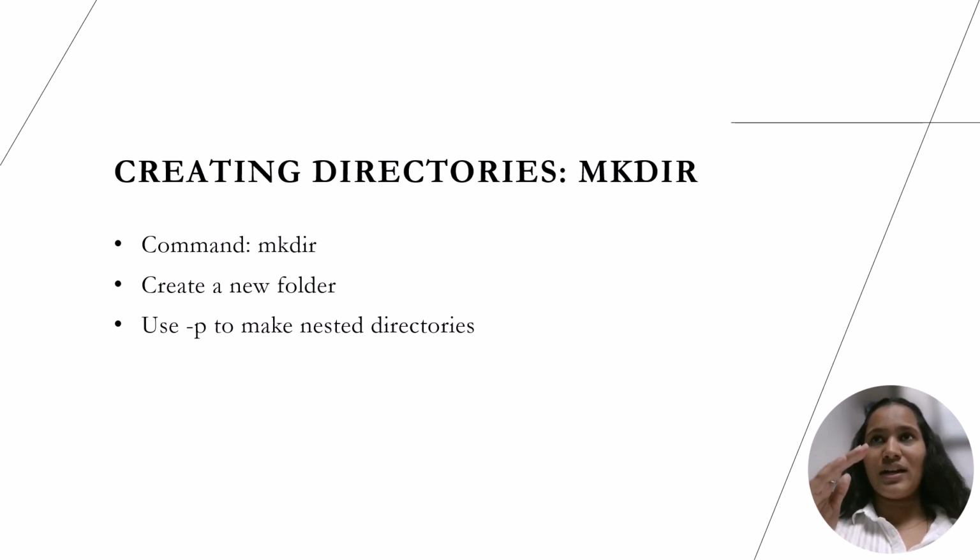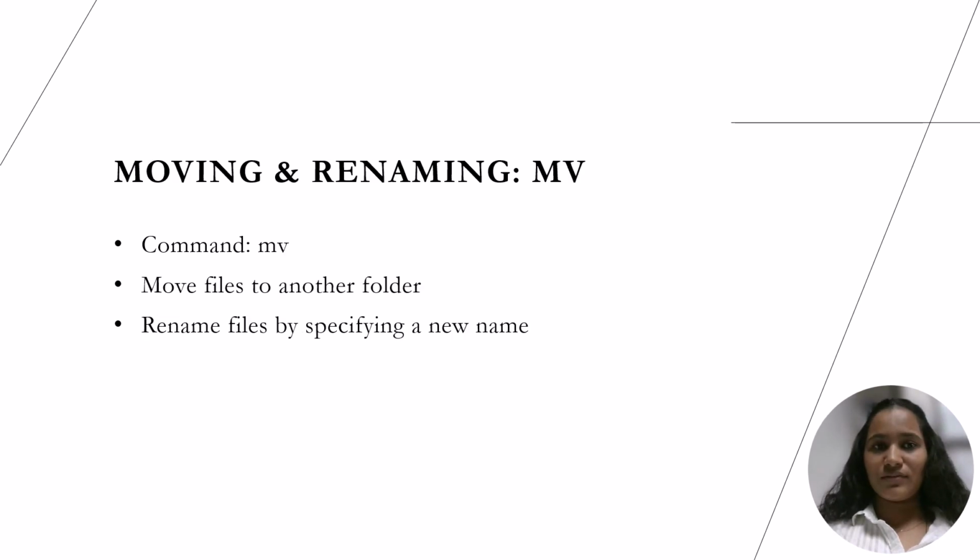It will go inside the projects folder, inside that projects folder it will go to 2025, inside that 2025 folder it will go to Linux, and then it will make a new folder inside that. This is useful when organizing files by years, projects, or any topic.